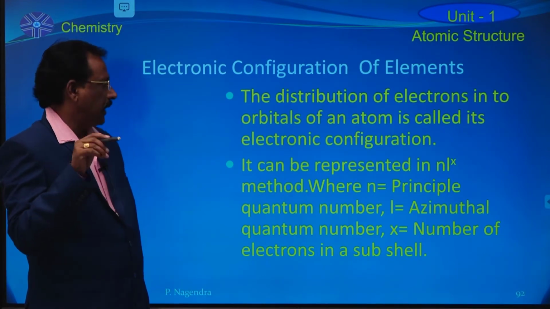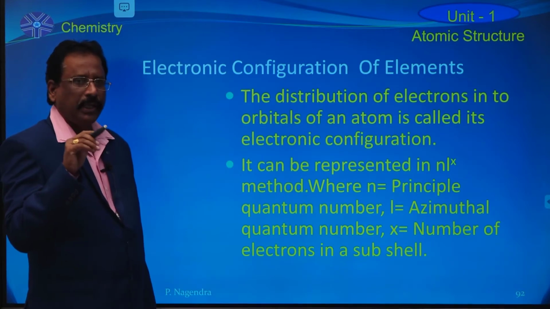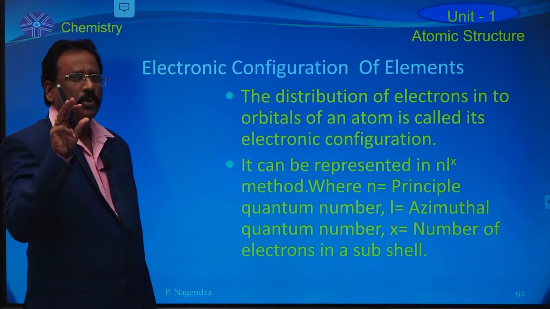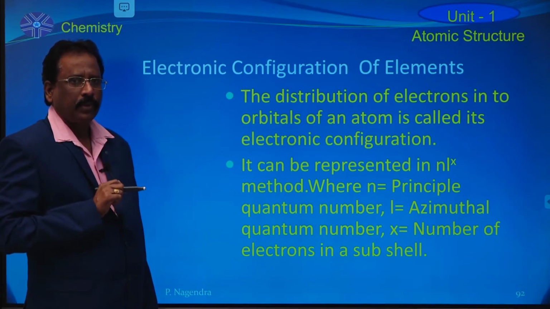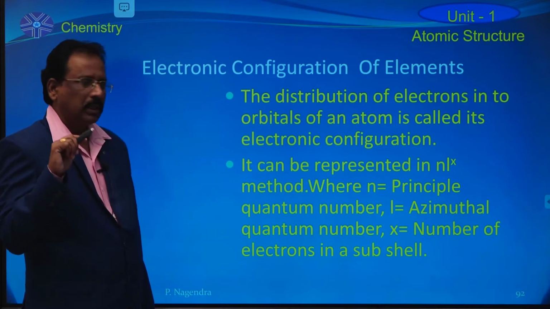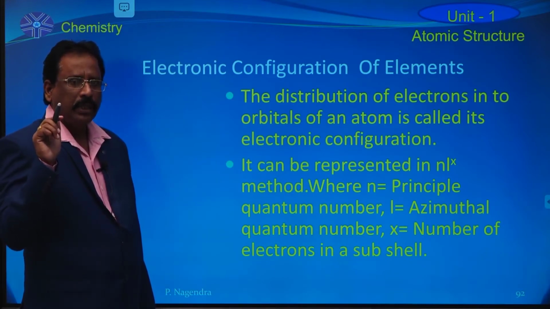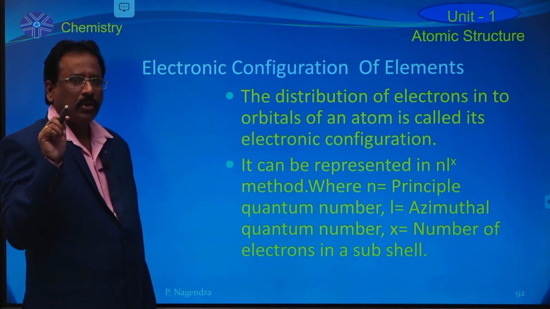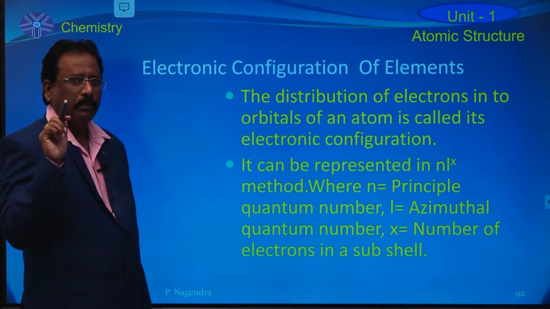If you want to write the electronic configuration of any element in the periodic table, three principles are used, already known to you. One is the Aufbau principle, second one is Pauli's exclusion principle, and third one is Hund's rule of maximum multiplicity.